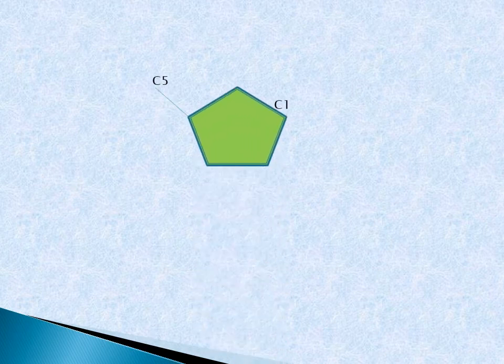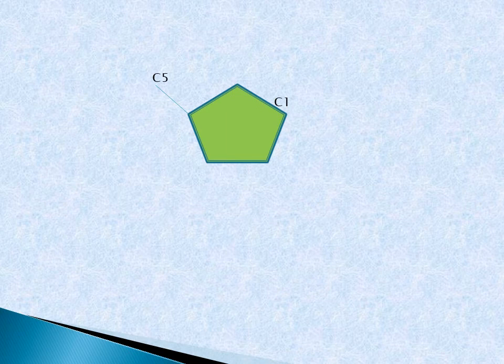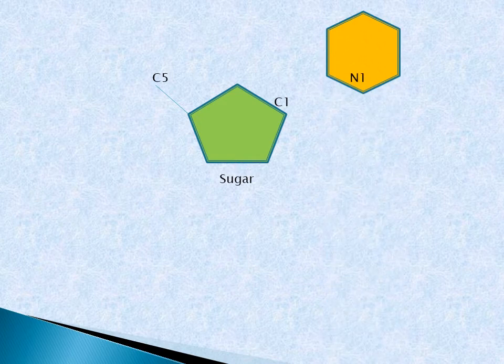Let's study how all the three components combine with each other and form nucleotide. As we know that sugar consists of 5 carbon atoms. So the C1 of sugar combines with the N1 of nitrogenous base, that is pyrimidine, and forms a bond.